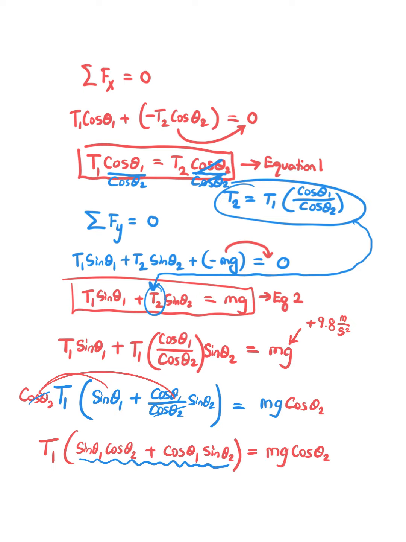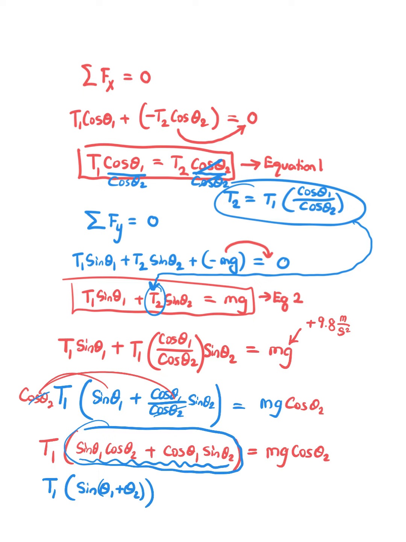Now this is just a trig identity. So we're left with T1 times sine of theta 1 plus theta 2. So sine of theta 1 plus theta 2 is just equal to all of this. So sine of theta 1 times cosine of theta 2 plus cosine of theta 1 times sine of theta 2. You're probably more familiar with that trig identity with alpha and beta.